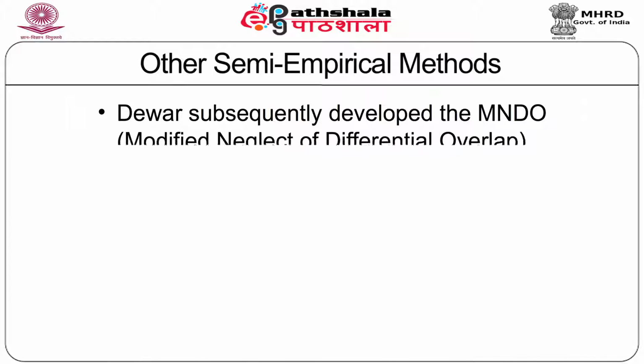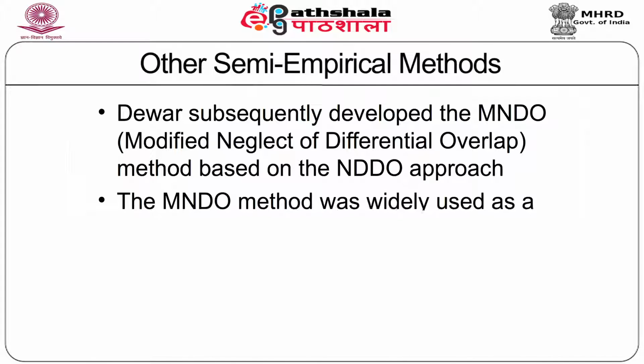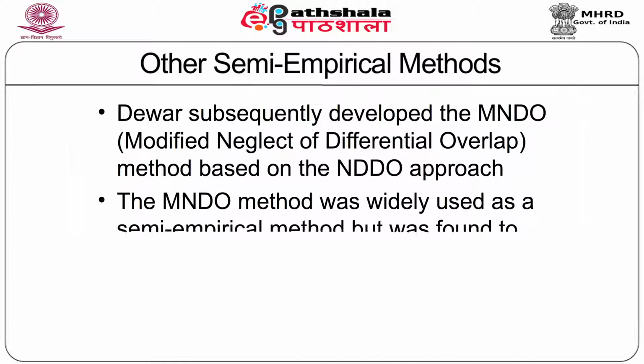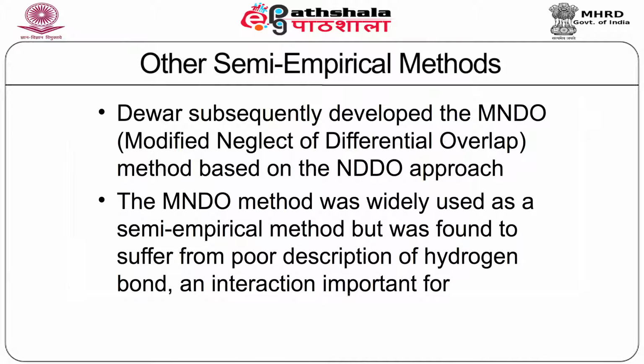Dewar subsequently developed the MNDO, or the modified neglect of diatomic overlap method, based on the NDDO approach proposed by Pople. The MNDO method was widely used as a semi-empirical method, but was found to suffer from poor description of hydrogen bond, an interaction important for biological systems.